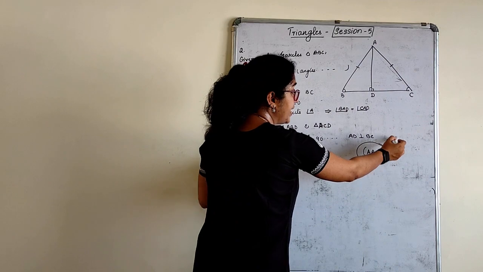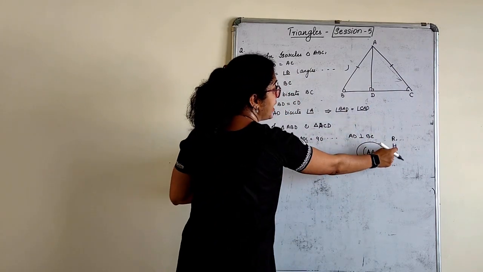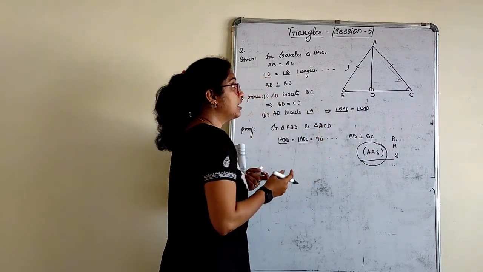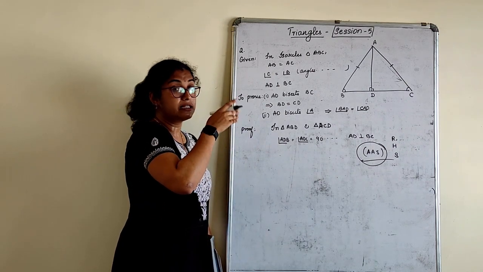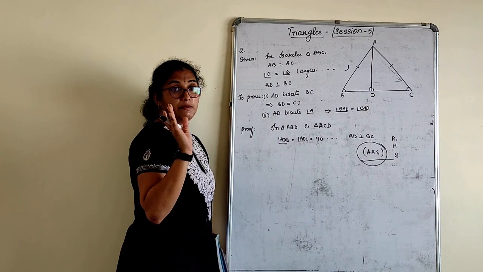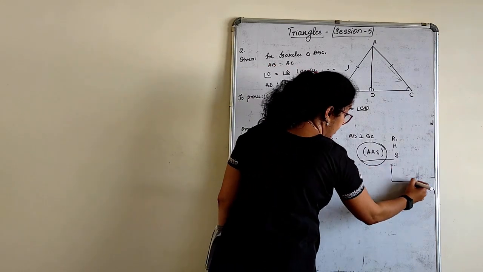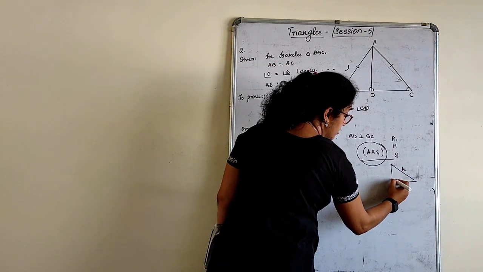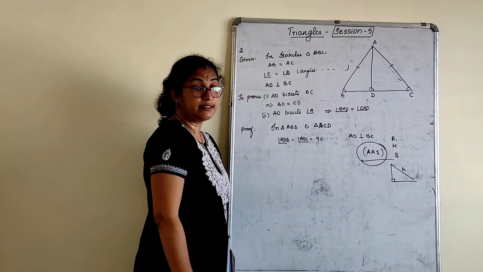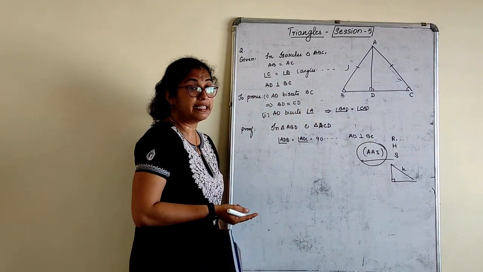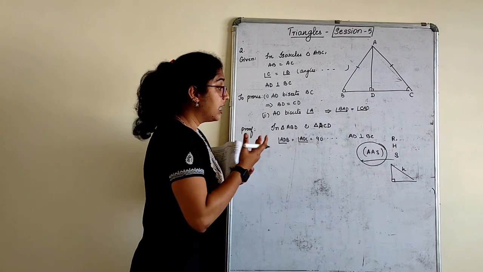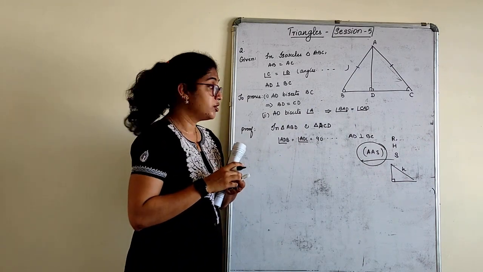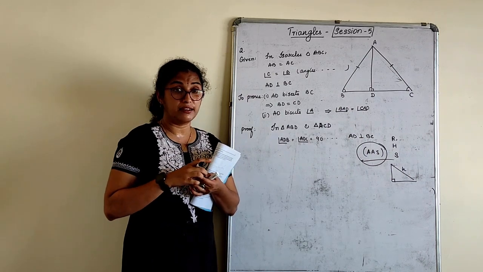Now here we have a right angle, we have a hypotenuse. How do we know that that's a hypotenuse? An angle opposite to 90 degree and a side opposite to 90 degree is always a hypotenuse. In a right angle triangle, when you say which is hypotenuse, this is hypotenuse because this is 90 degree. So that's a side opposite to 90 degree. So when we have these three existing conditions, how can you choose AAS? So what will happen if you choose AAS?